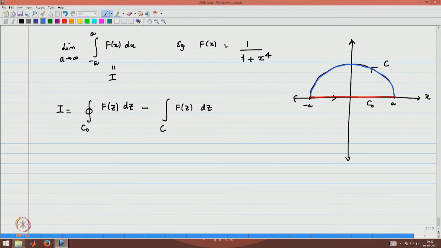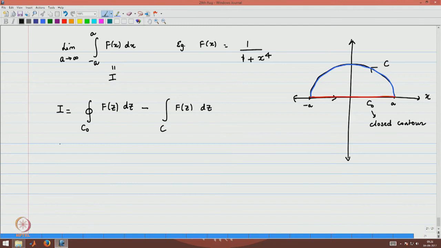So, the integral over the entire contour C0 can be written as a sum of the integral from minus a to a and the integral over C. Then the integral from minus a to a can be written as the integral over the entire contour, that is C0, minus the integral over C. Let me emphasize here that C0 is the closed contour. And then what we will see is that you can easily do these two integrals.